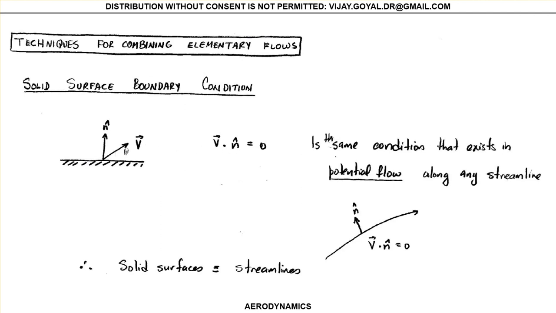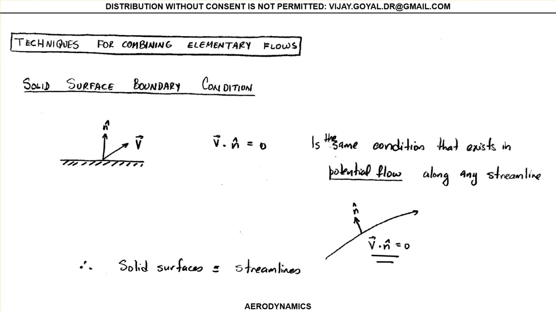So we know that v dot n has to equal 0, and this is the same condition that exists in the potential flow along any stream, right? So you can think that I have a stream and the potential flow is at 90 degrees. So at any point, this is going to be true. So what we can do is model the flow with your streamlines with solid surfaces.